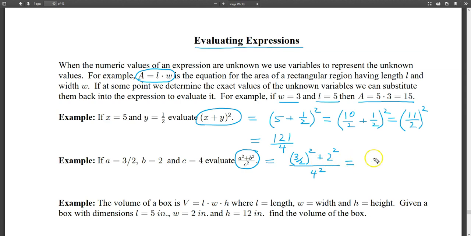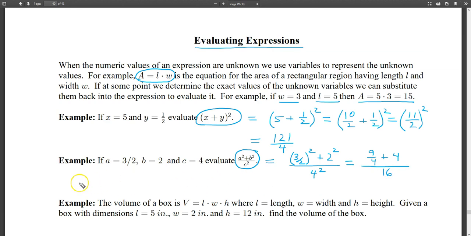And then we just have to simplify that, so 3/2 squared is going to be 3 squared divided by 2 squared, so that's going to be 9/4. And 4 squared is 16.